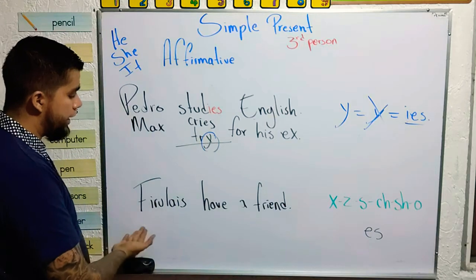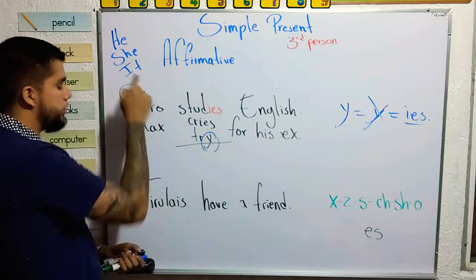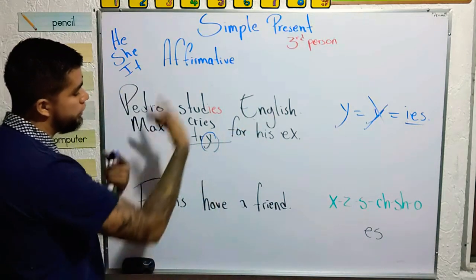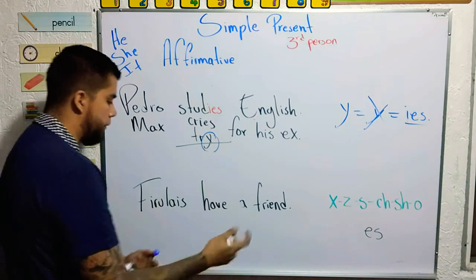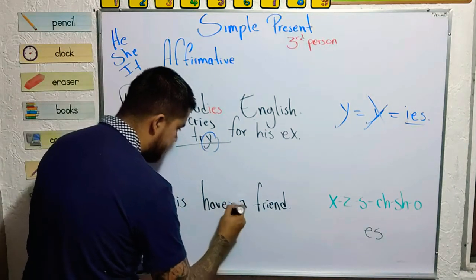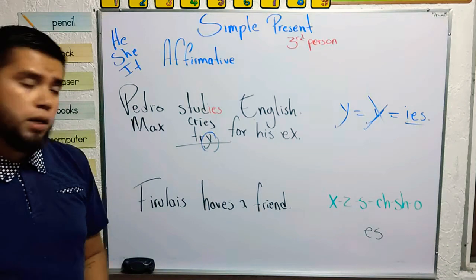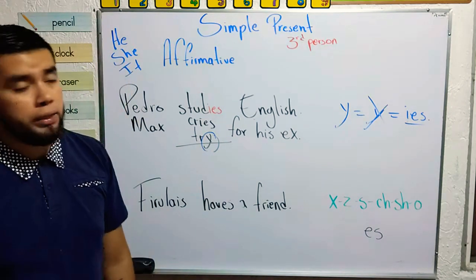Well, you say Firulais is one animal, so it, third person affirmative, very simple. Only one extra s. Haves. No, it's incorrect. Why?